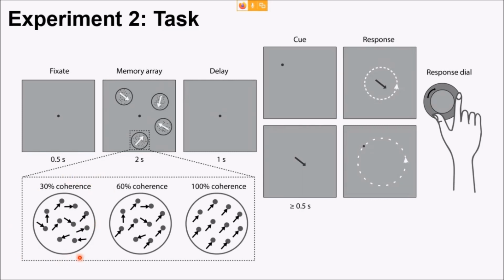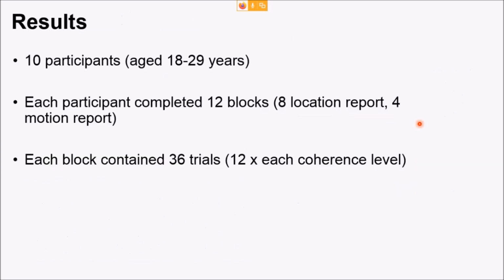This could be set at one of 3 levels: 30, 60, or 100%. Then after a delay, memory was cued either as location or direction, and similar to experiment 1, they responded with the other feature using a response dial.